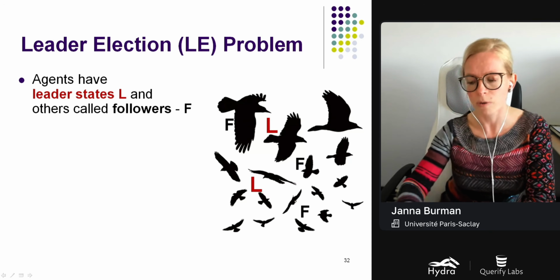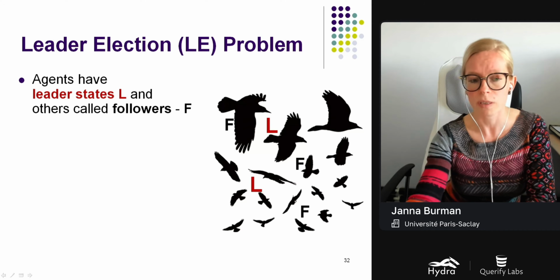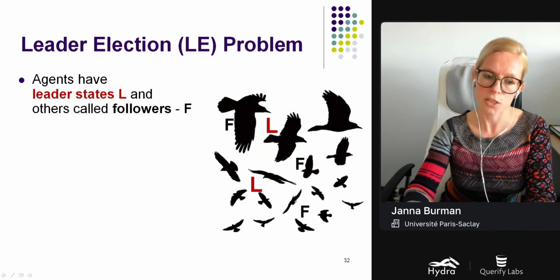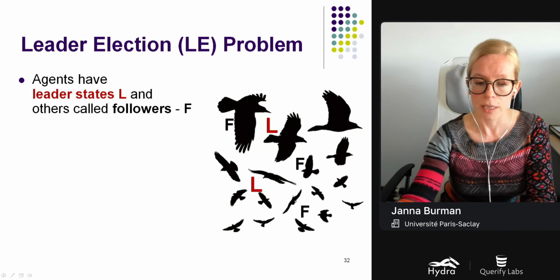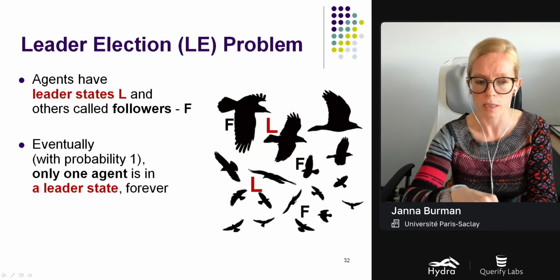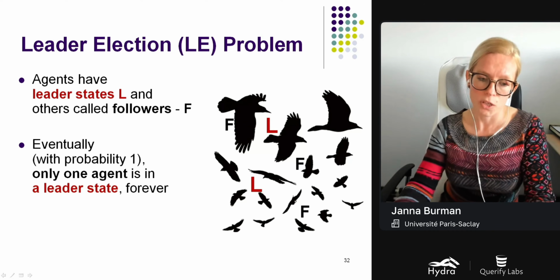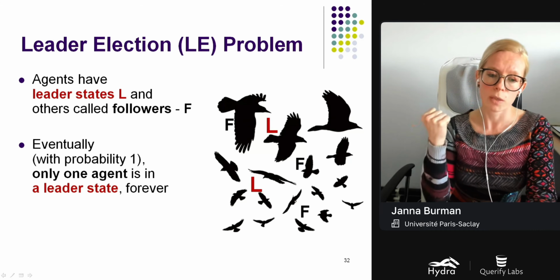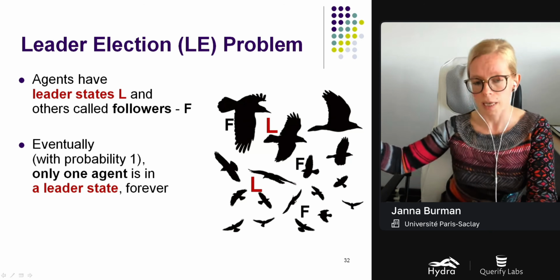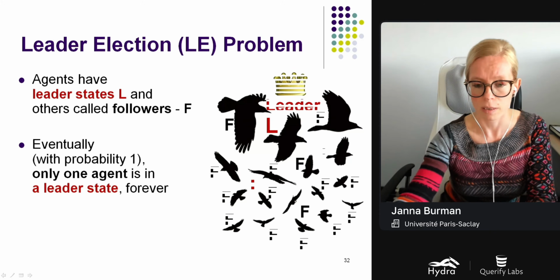In a very simple form, we may imagine that our agents are in one of two possible states, leader or follower, and we want that eventually, in the case of a random scheduler, with probability 1, in every execution, we obtain a configuration where we have only one unique agent in a leader state, and we stay like this forever, and all the other agents are followers.